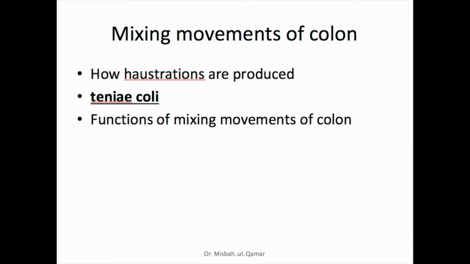You should know that the longitudinal layer of smooth muscle in the colon is arranged in the form of three bands or strips called taeniae coli.